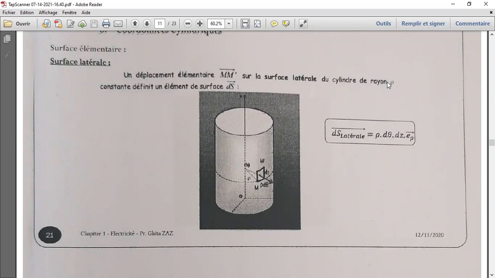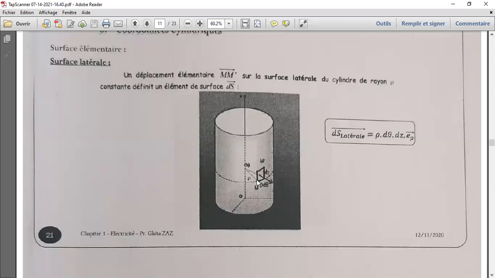When I say the radius is constant, I mean that for example, this is my point M, and this is a cylinder. When I say rho is the radius, it means for me to calculate the surface area, this point M can never move out of the cylinder. Imagine you have two cylinders, one inside and a bigger cylinder covering the one inside.